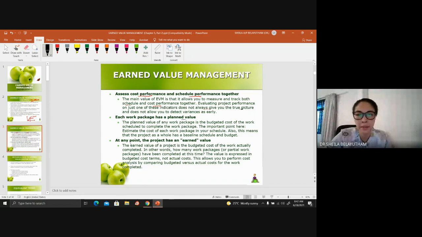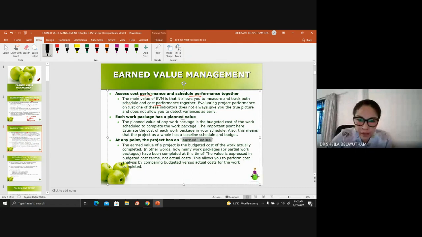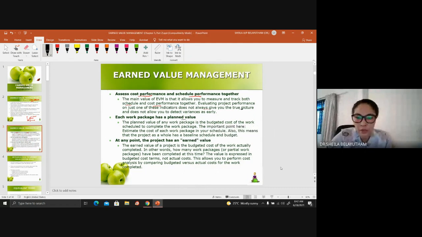At any point, the project has an earned value. Planned value and earned value are different. Planned value is the value that you have attained from the specification, from the BQ, the bill of quantity: each of the activities, how much does it cost?